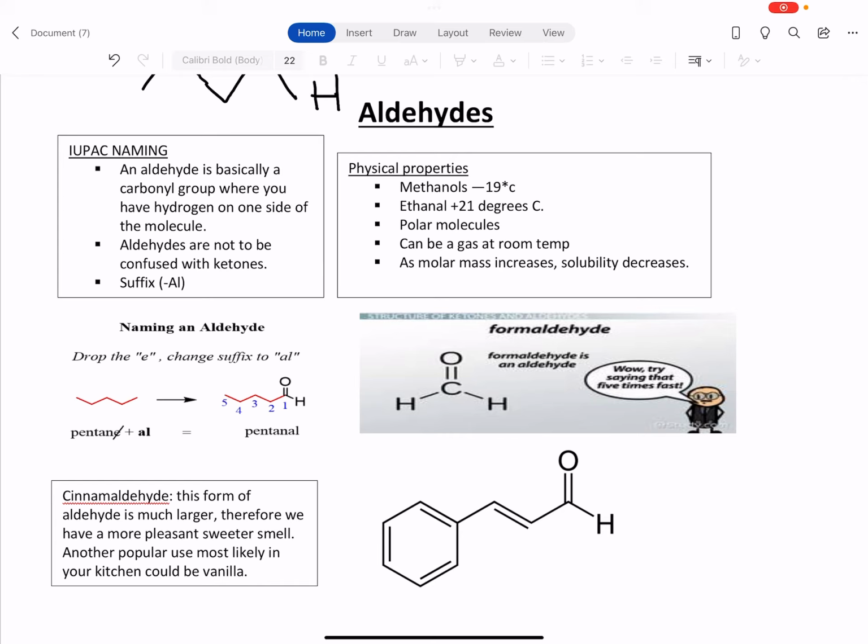A common form of aldehyde is formaldehyde. It's a simple molecule. It's a colorless gas at room temperature, but it has many uses. It's an antiseptic and it's a disinfectant. It's used for preserving.